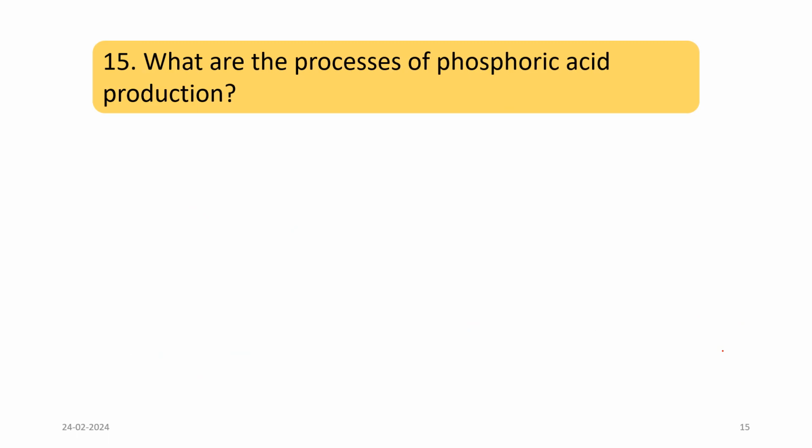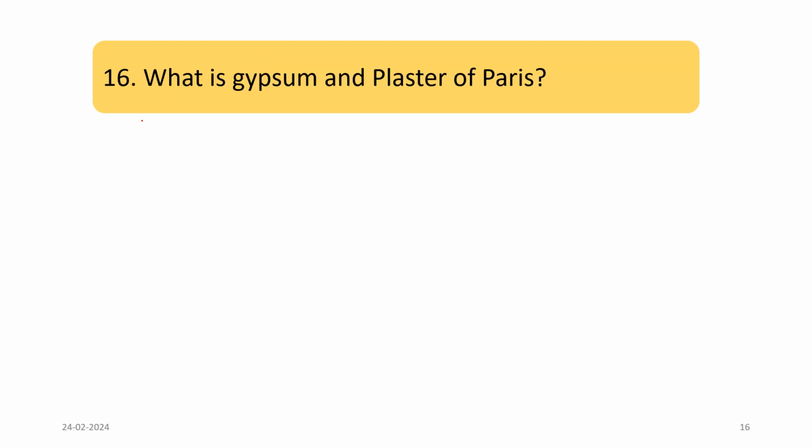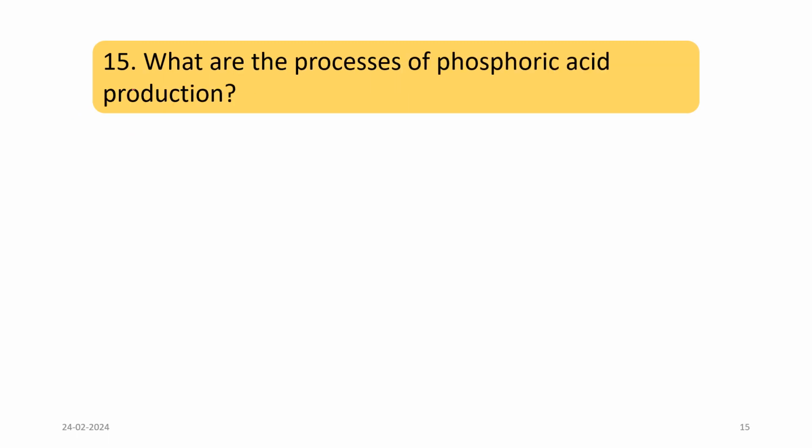Next question is: what are the processes for phosphoric acid production? Hemihydrate process, dihydrate process. Yes, so mainly there are, first one is the dihydrate process.